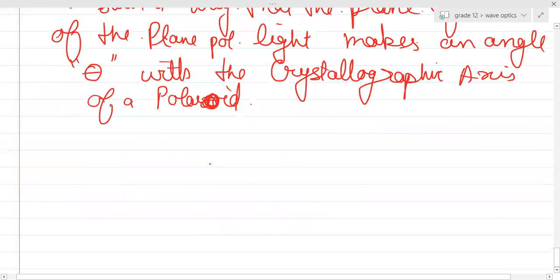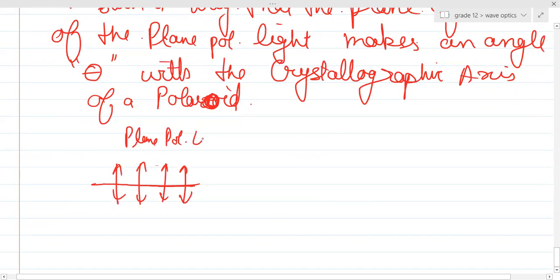Okay, so suppose guys, this is the plane polarized light, and I am passing it through a second polaroid.